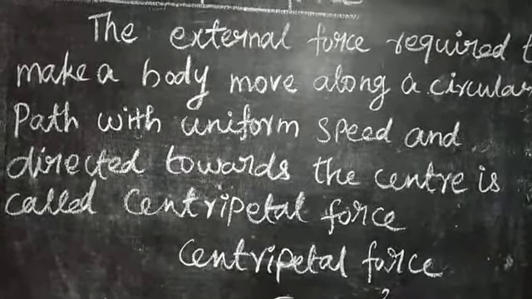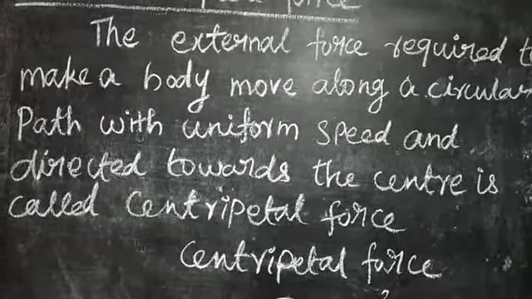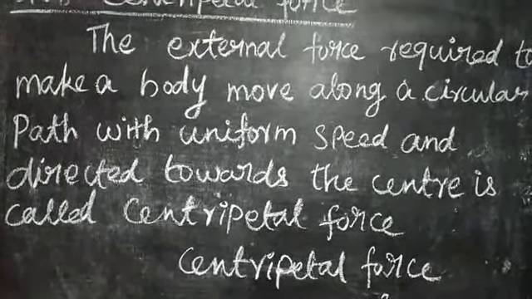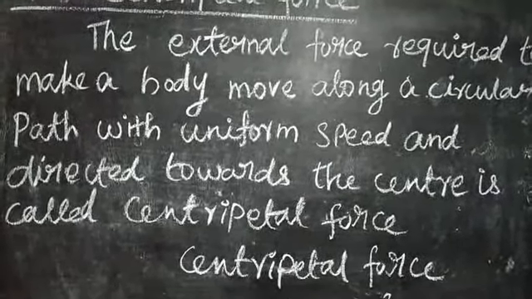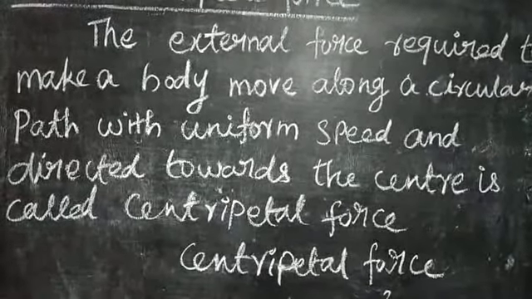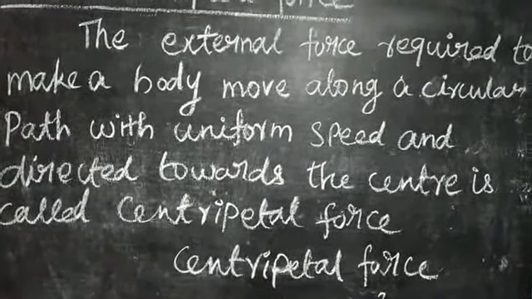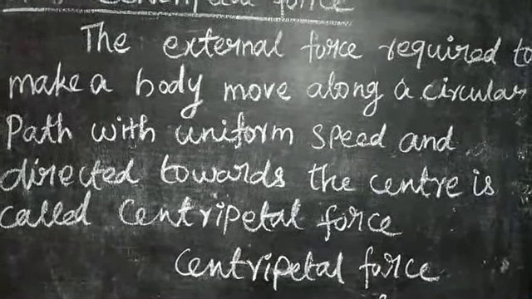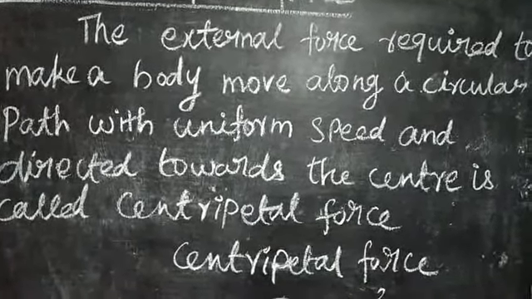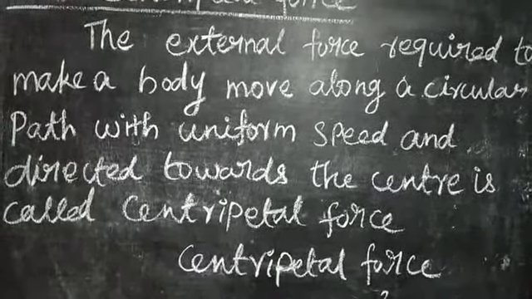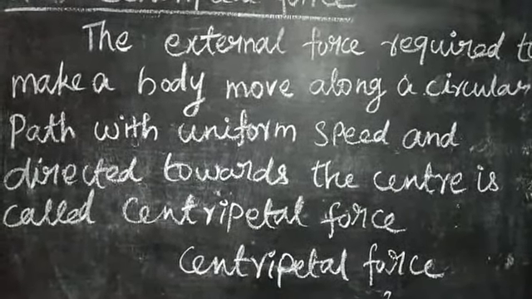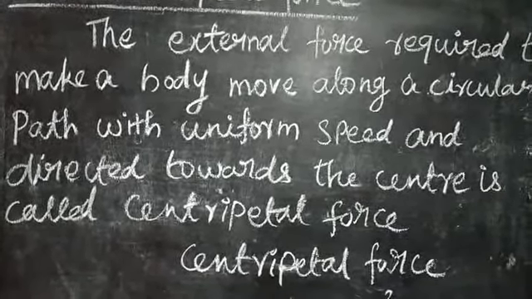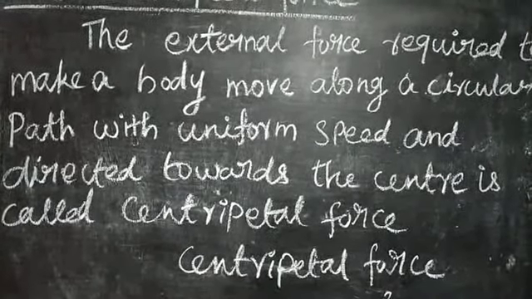Here the pulling force acting on the thread is called tension force. Tension force always acts along the thread towards the center. Due to tension force, the stone revolves in a circular path. So here the tension force provides the necessary centripetal force.